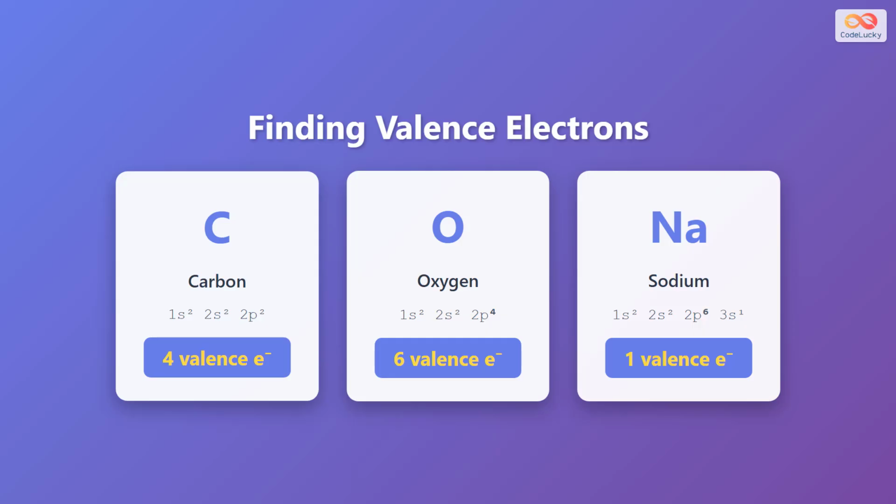Again, level 2 is the outermost, so we count 2 plus 4, which equals 6 valence electrons. Sodium has 1s2, 2s2, 2p6, 3s1. The outermost shell is level 3 with just 1 electron, so sodium has 1 valence electron. The pattern is clear. Count the electrons in the highest energy level.